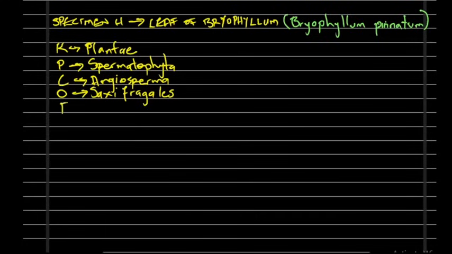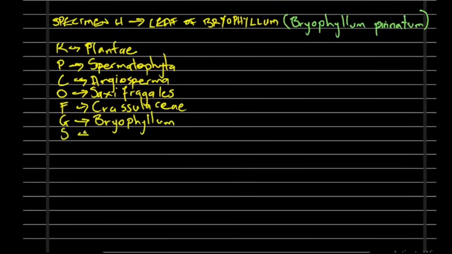And then we have the family. The family is Crassulaceae. We have the genus to be Bryophyllum, and the species to be pinnatum. So that is about the leaf Bryophyllum.